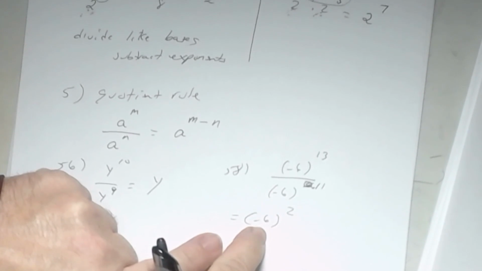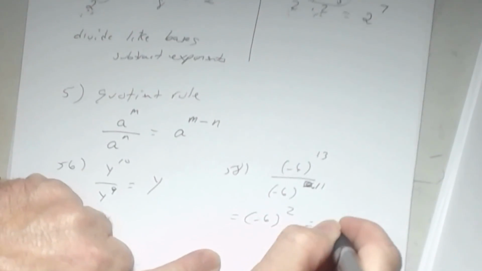What is it? 36. So in my math lab, you would have to actually indicate that it's 36, not leave it as negative 6 squared, because that you can actually do. Negative 6 times negative 6 is what? 36. Negative 5 to the 13th power, you can't really do very easily by hand. That's going to be a huge number.